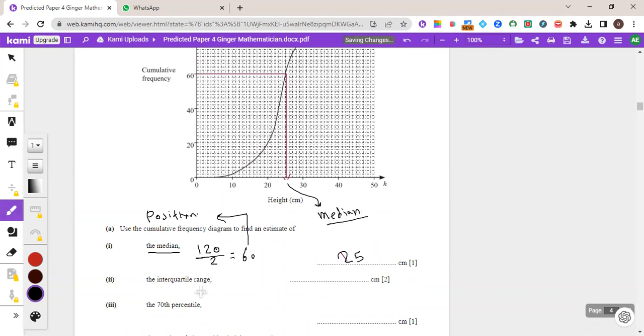The interquartile range, how to find it? We need to find the upper and lower quartile.